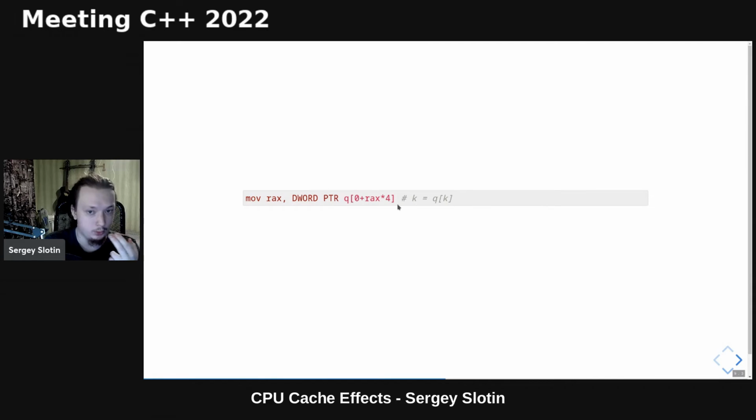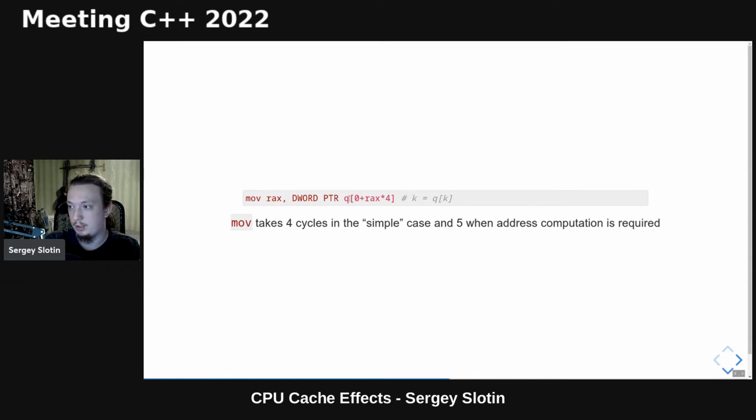The memory addressing operator on x86 is fused with the address computation. So the k = q[k] line folds into just a single terse instruction that also does multiplication by 4 and an addition under the hood. Although fully fused, these additional computations add some delay to the memory operations.